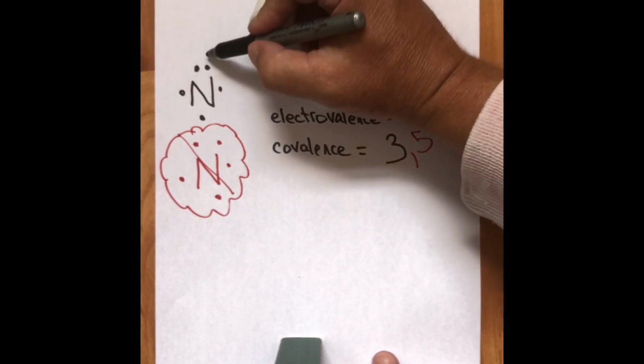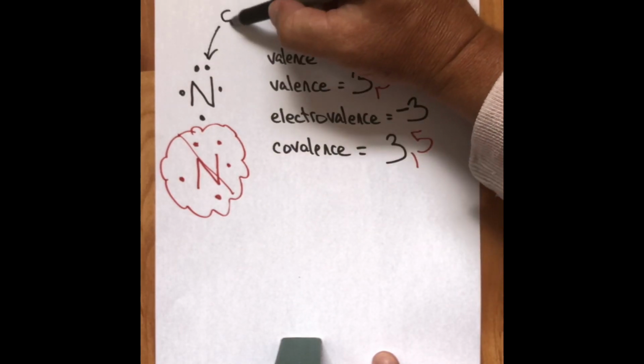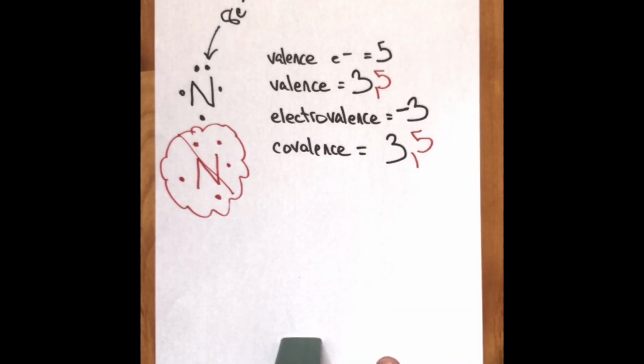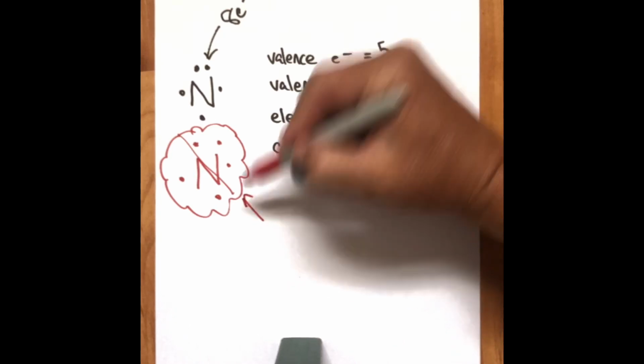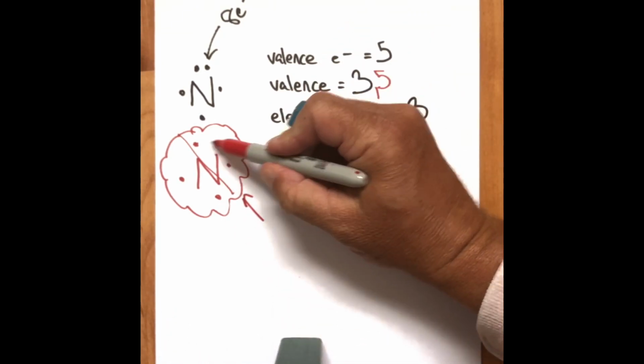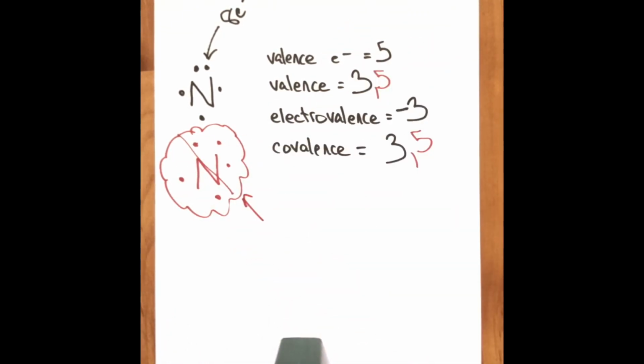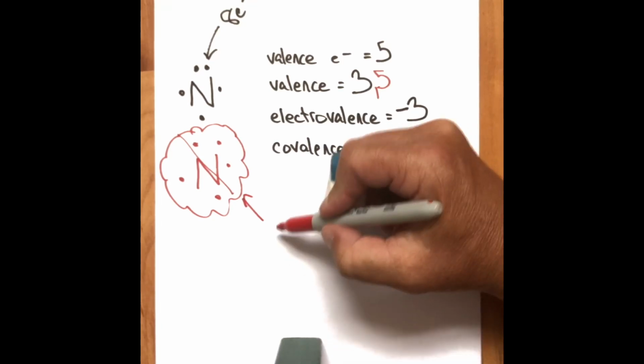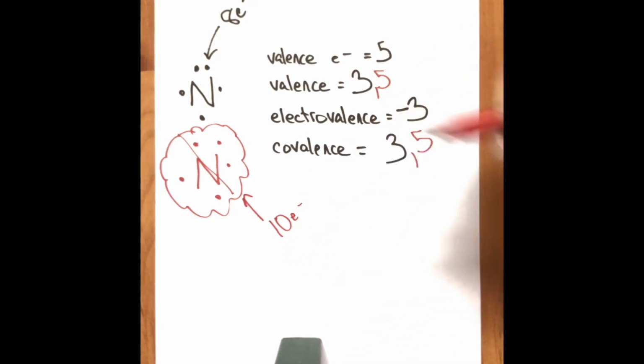If you draw it like this, nitrogen will have, after it's done sharing or gaining electrons, 8 electrons around its outer shell. When nitrogen does this, the exception, if all 5 of these electrons were shared, what would you have? You would have 10 electrons around it. And that kind of goes against the octet rule.